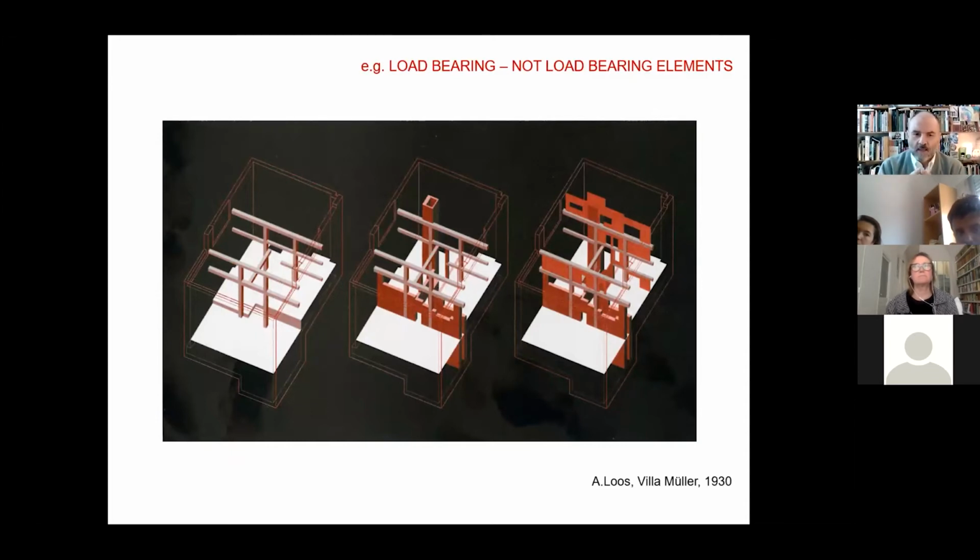As an exercise, he asked his students to learn how to read which are the load-bearing and the non-load-bearing elements inside of the building. For example, which are the elements in the layer of installation or any other part of the building.